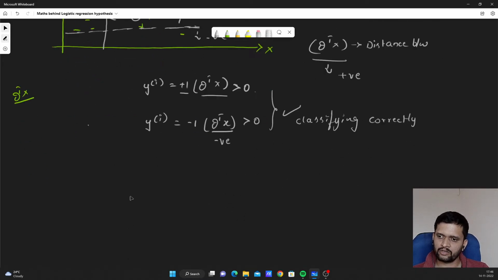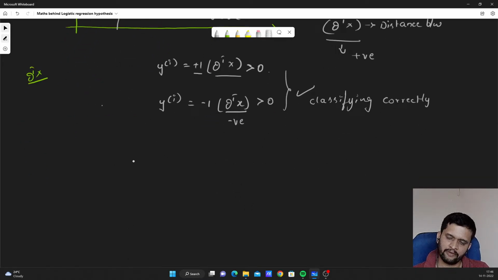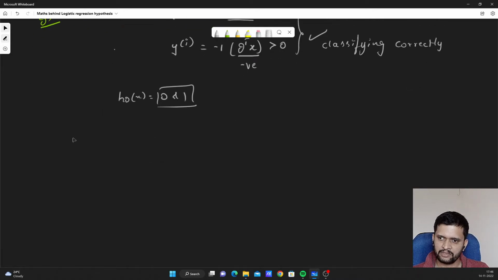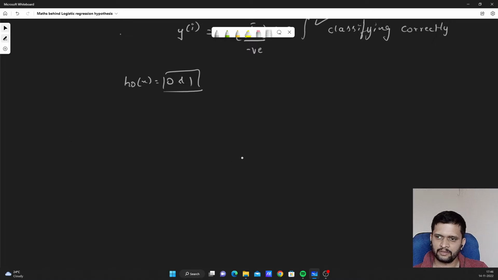So what we want is, we want the values of our hypothesis with respect to logistic regression to lie between 0 and 1. In order to have this, we end up with a sigmoid function which looks like this.